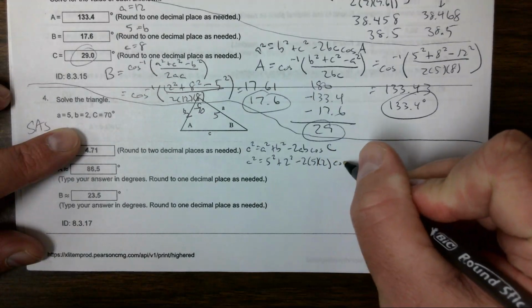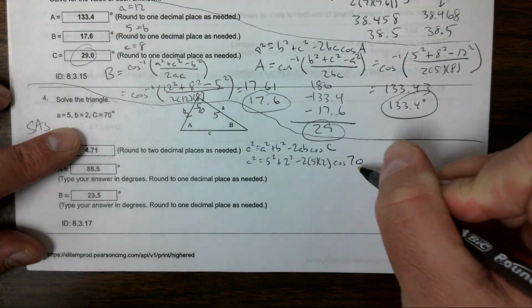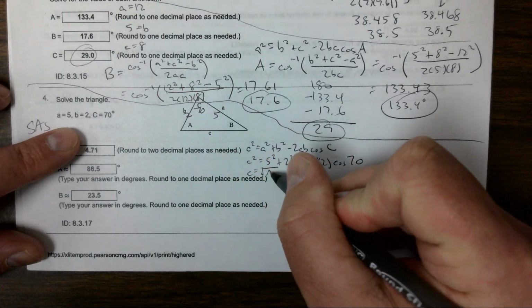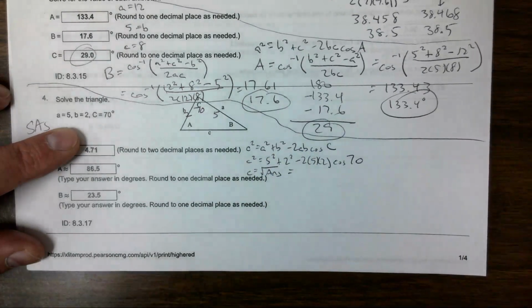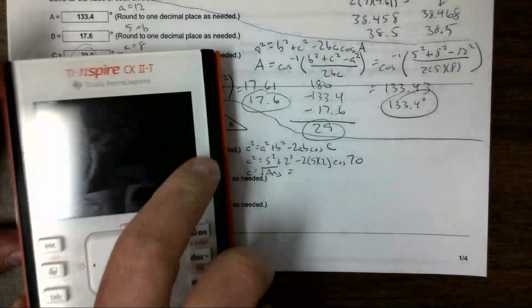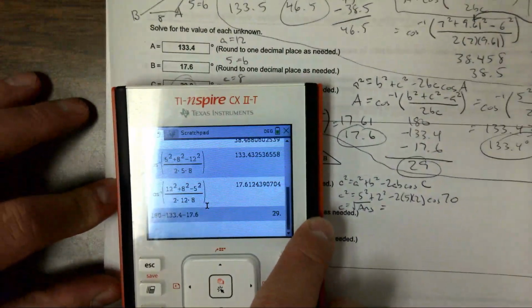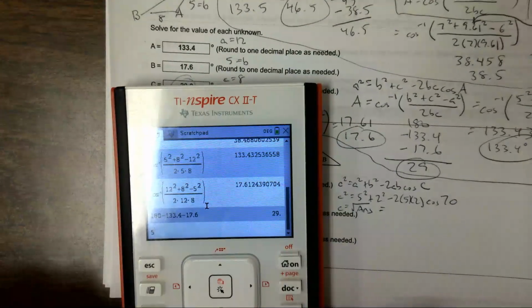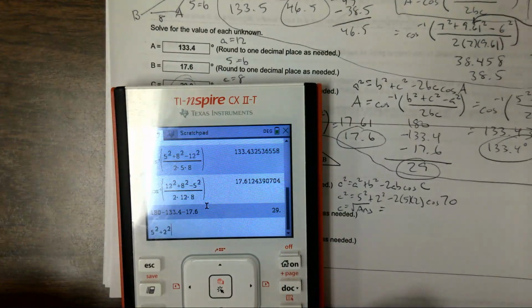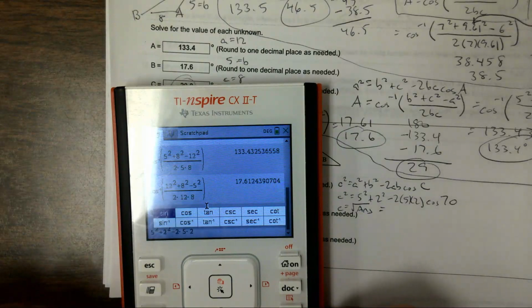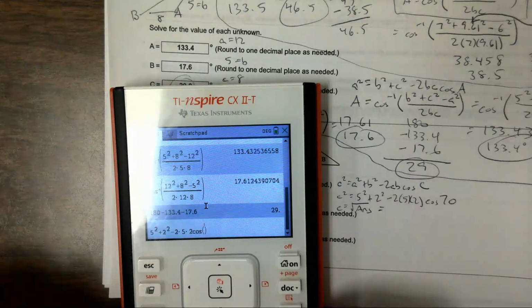And then we have our cosine of 70 degrees. Now again, make sure you do your square root in order for it to be right. So we need 5 squared plus 2 squared minus 2 times 5 times 2 cosine 70.